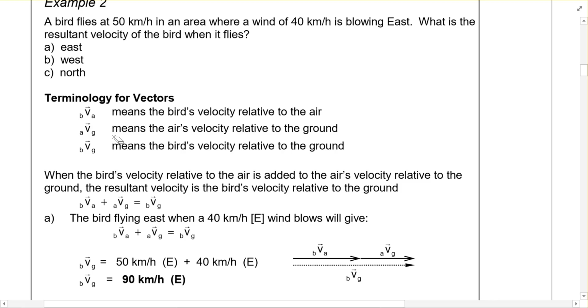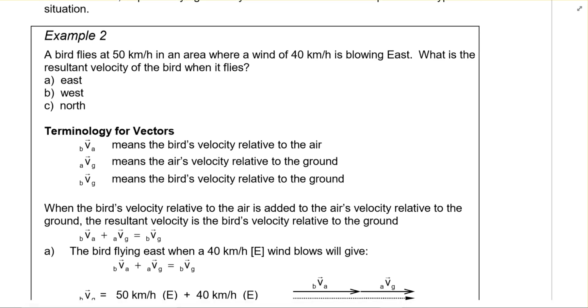To make sense of that, when it says bird's velocity relative to the air, that's this one: a bird flies at 50 kilometers an hour. So it's going 50 kilometers an hour just relative to the air around it. That's what something could do if it was totally calm, if there was no wind at all.